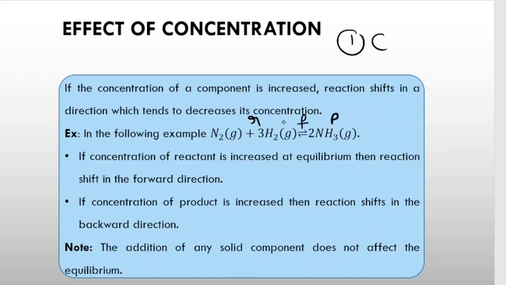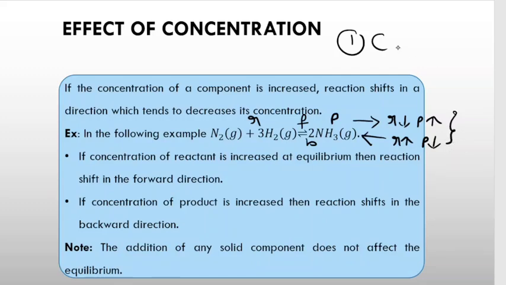That means in the forward direction, the reactant concentrations are decreasing and product concentrations are increasing. In the backward reaction, the products are converting into reactants, so reactant concentrations are increasing and product concentrations are decreasing. This is what exactly happens regarding the concentration terms.